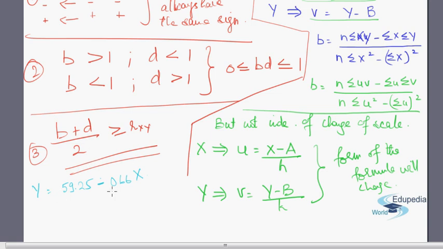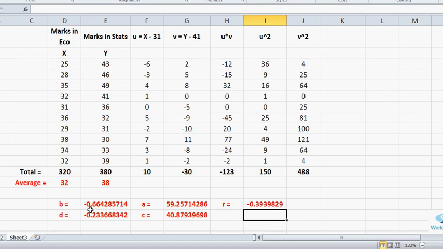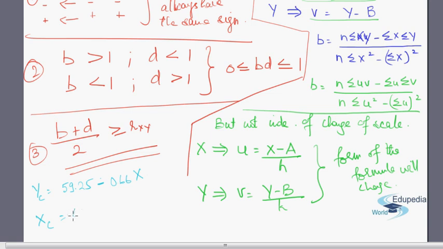And similarly, the regression equation of x was c plus dy: the value of c is 40.87 and d is minus 0.23, so it's 40.87 minus 0.23 y. So these are the equations we have, and this is the answer of the problem.